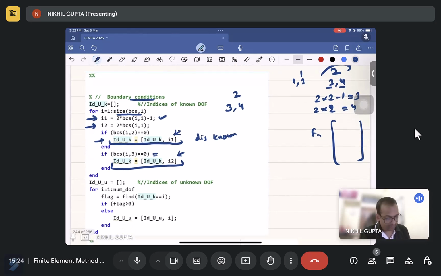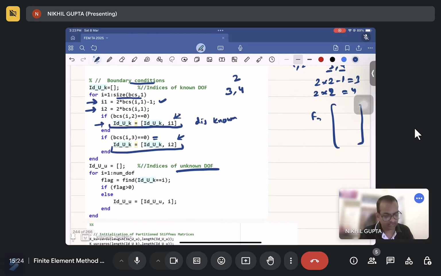In the same way, we have to find iduu, which is the unknown degrees of freedom. When you have the known indices, you can directly get the other degrees of freedom as well. So we will run the loop for the number of degrees of freedom, and we will find if this is unknown. What find will do is give you a value of 0 or 1. If 1 is there, this means this condition is satisfied.